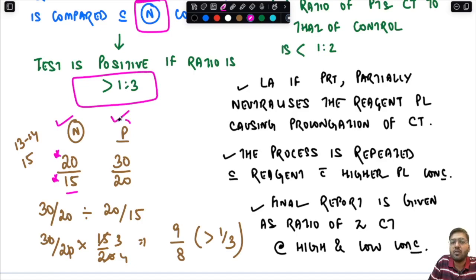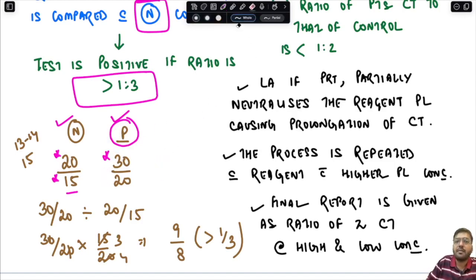In a patient suffering from Apla syndrome, as I told you, in laboratory conditions, when lupus anticoagulant is present, it is going to delay the clotting time. So over here, for example, it is 30 seconds with the diluted reagent and 20 seconds with the normal concentration of the thromboplastin reagent.